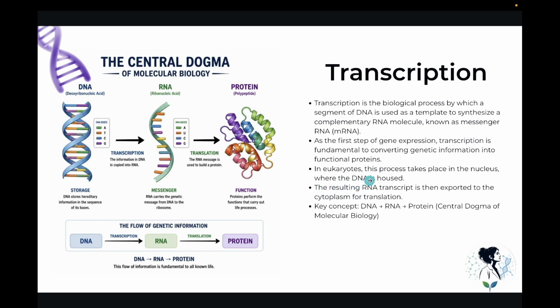This RNA is then exported to the cytoplasm for translation, and this process happens in the flow of genetic information, which is DNA to RNA, and which ultimately forms protein. And this is the central dogma of molecular biology.